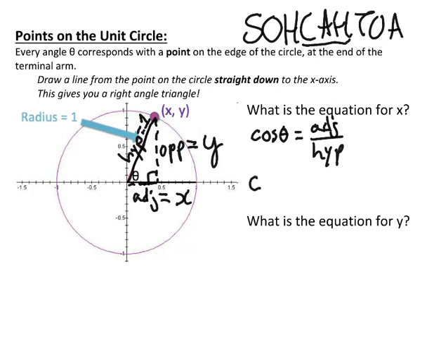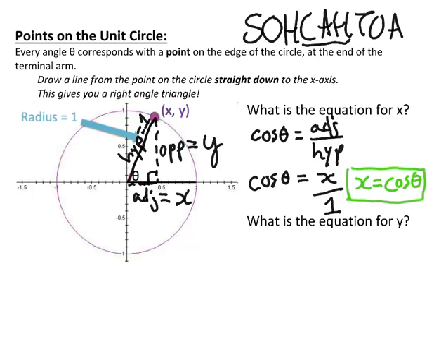Let's plug in what those things actually are. Cos of my angle is the adjacent, which is x, divided by the hypotenuse, which is 1. Look at that. That gives me a lovely equation for x here. x must just be equal to cos of theta, right? x divided by 1 is just x on its own. So x must equal cos theta. So that's a really nice equation for the x coordinate of that point on my unit circle.